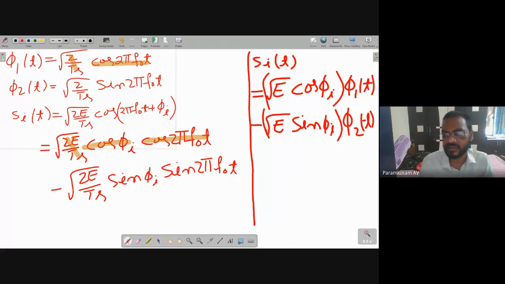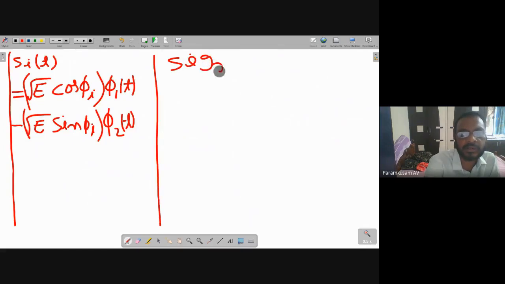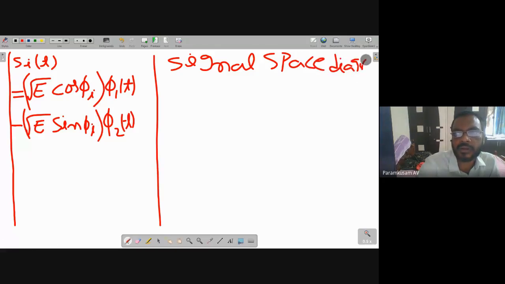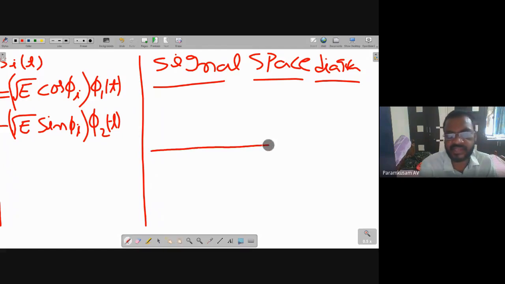Okay, si(t). Now we represent this signal in constellation diagram, in signal space diagram. You note down signal space diagram. First you draw the two axes.